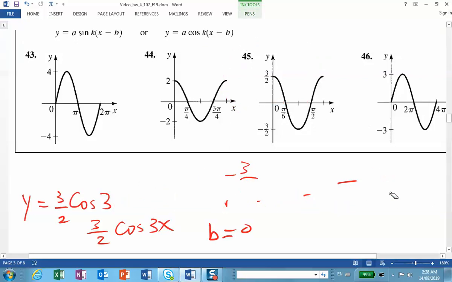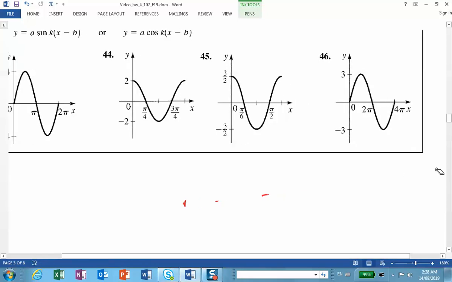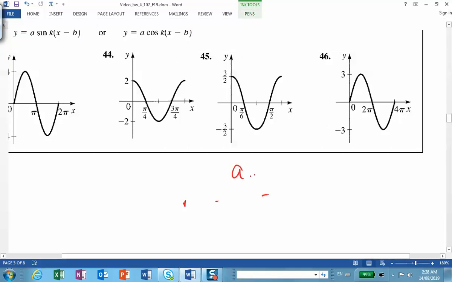Go to the problem 46. Okay. Right. Problem number 46. A is 3. Period is 4 pi, which incidentally, remember, is 2 pi over k, right?